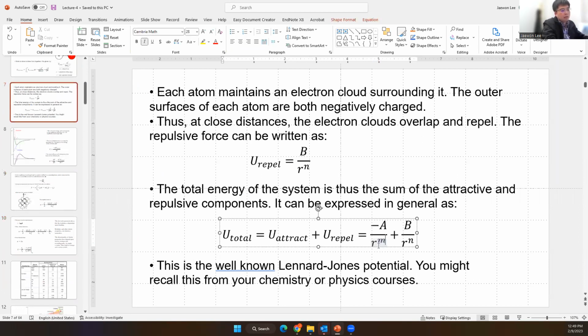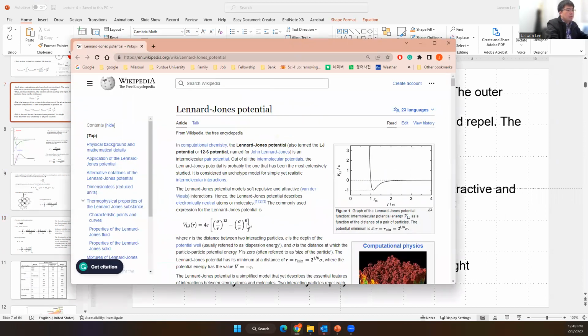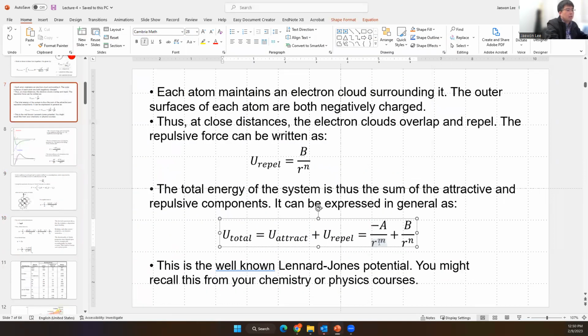In the case of the Lennard-Jones potential, M is 6 and N is 12, I think. So if we use the Lennard-Jones potential, this is 12 and this is 6. 6 and 12.